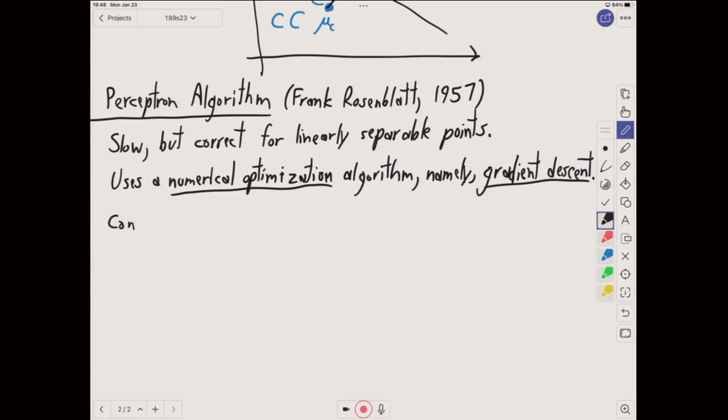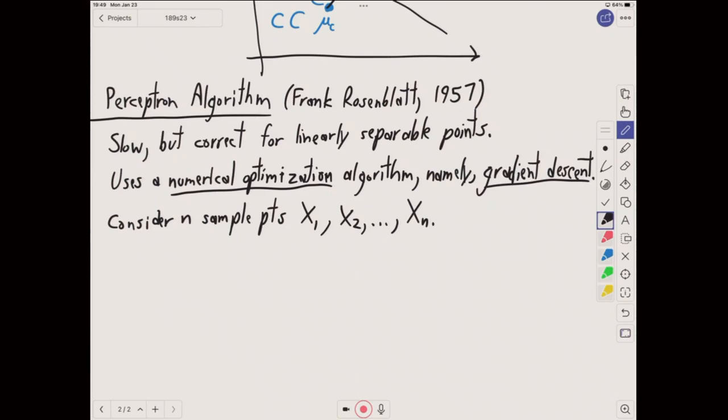Coming back to the perceptron algorithm, let's suppose that we have n sample points as our input. We're going to call them capital X1, capital X2, and so on up to capital Xn. The reason I'm using a capital X here is because we typically store these vectors as the rows of a matrix called capital X, also called the design matrix.